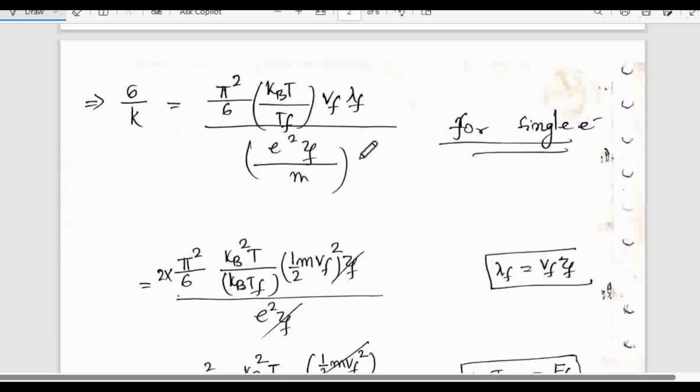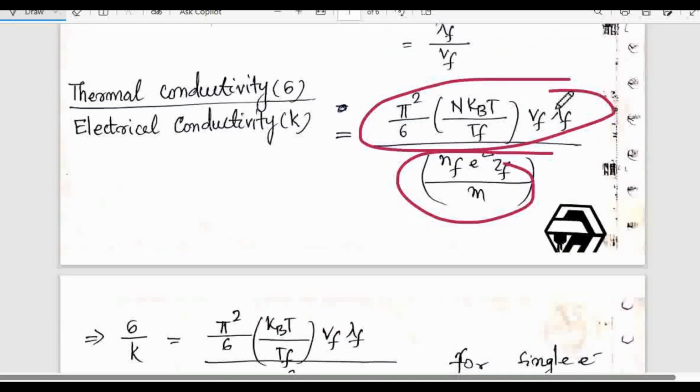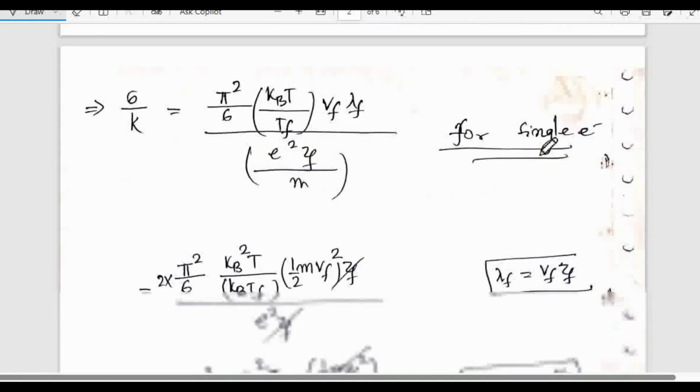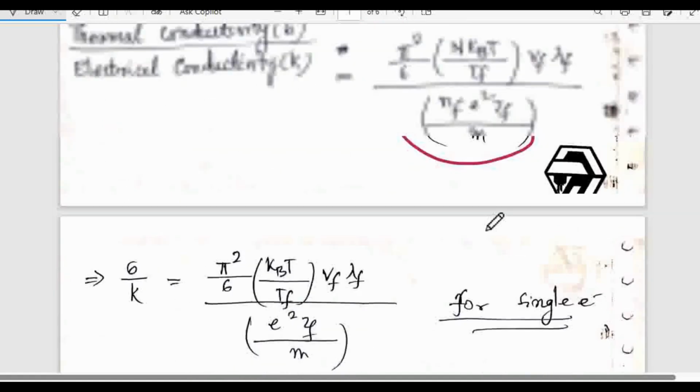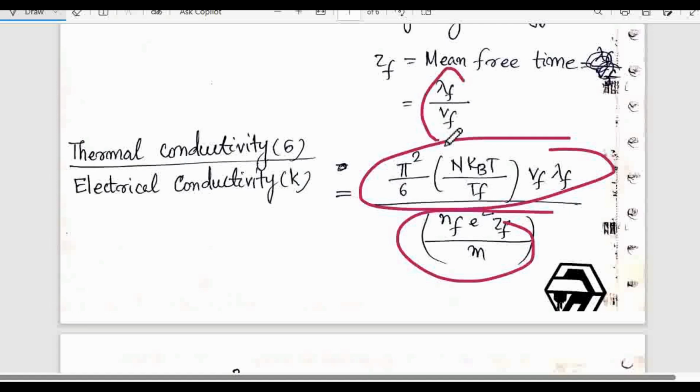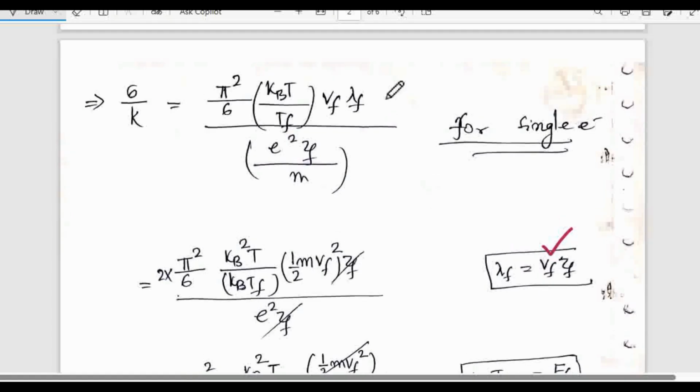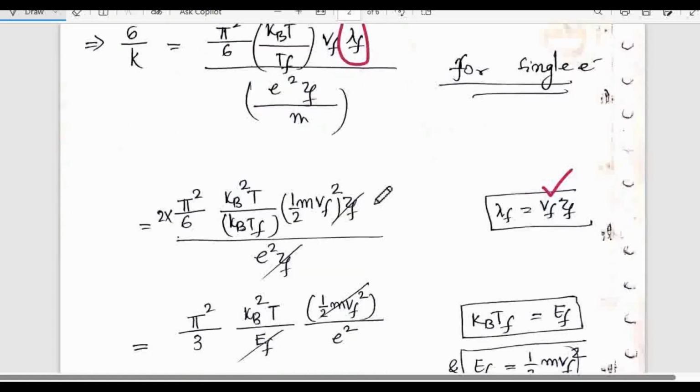Now put the expression of lambda, Vf tau f, in place of lambda, because this expression is derived from tau f equal to lambda by Vf. Then you will find that tau f and tau f cancel out. Then modify the upper expression as half m Vf square.